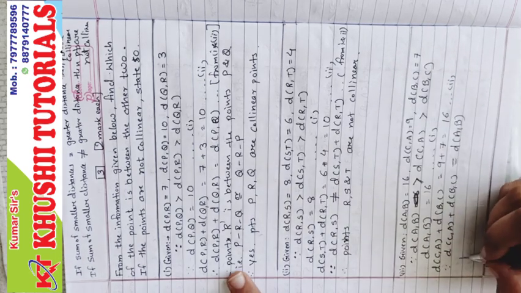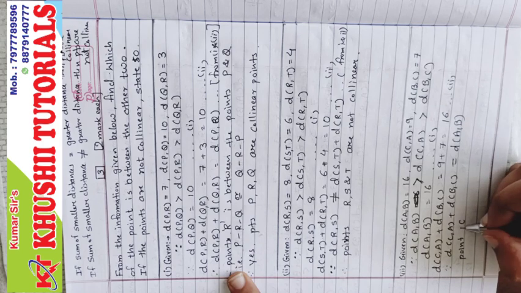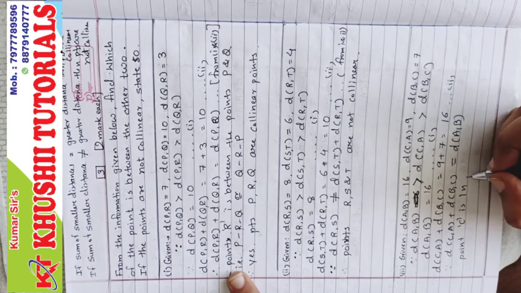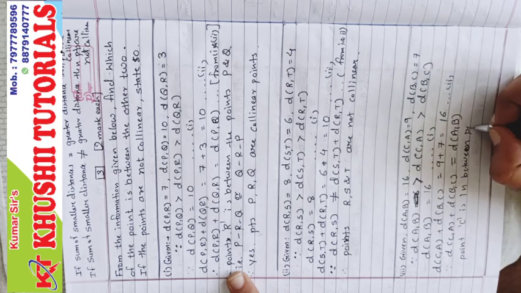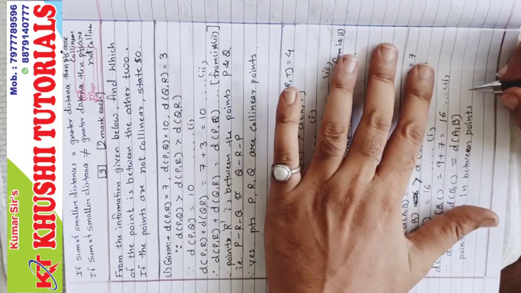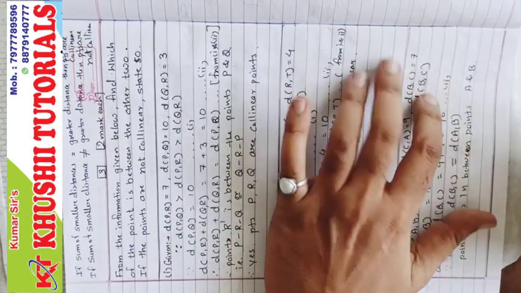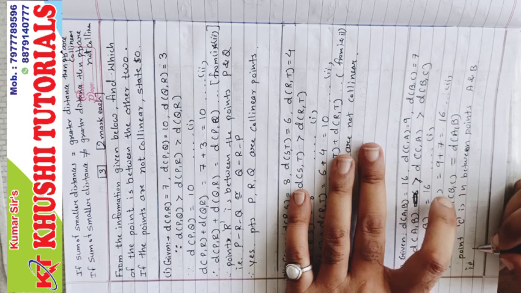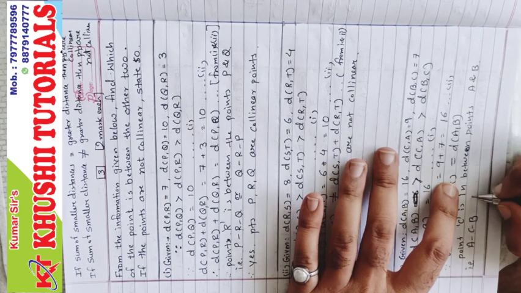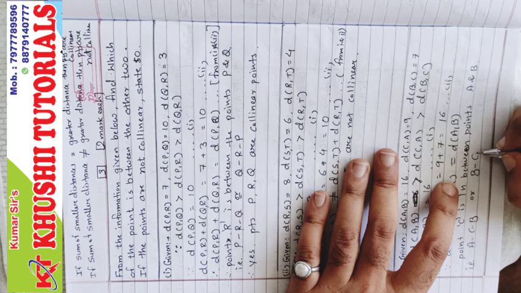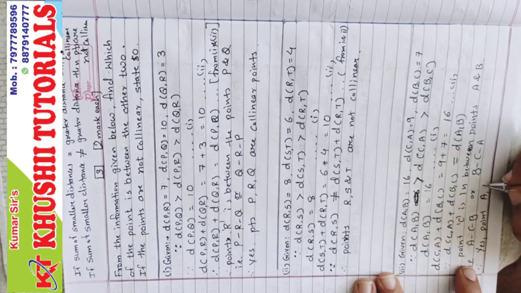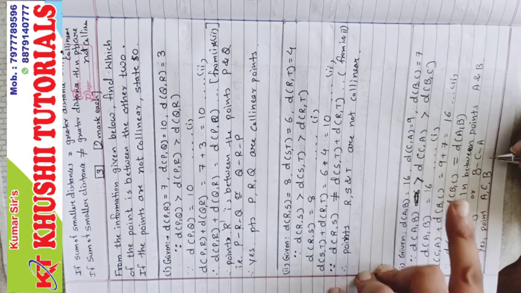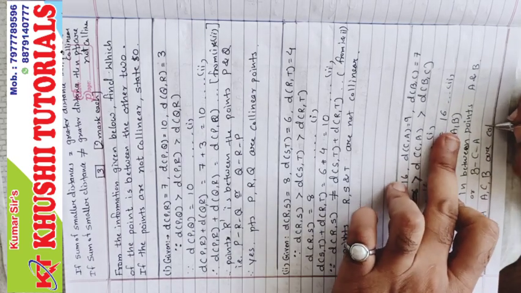So we write: point C is in between points A and B, that is either A dash C dash B or reverse, B dash C dash A. Therefore, yes, points A, C, B are collinear.